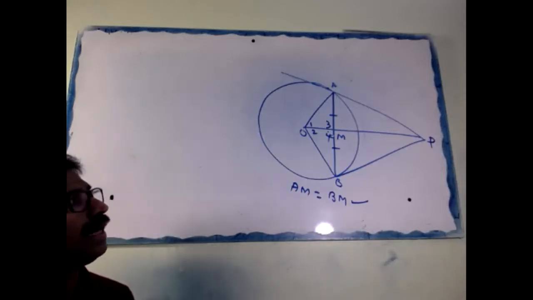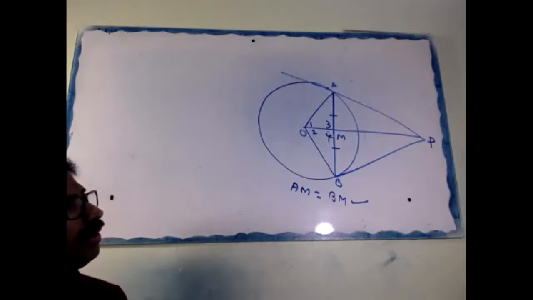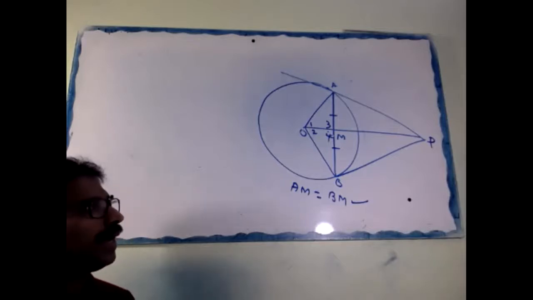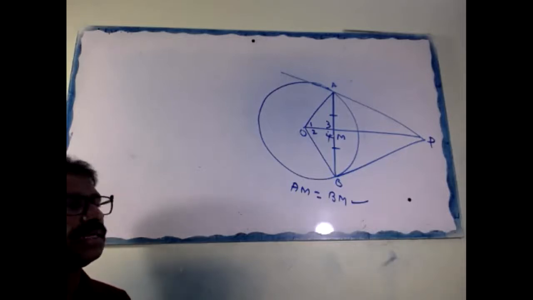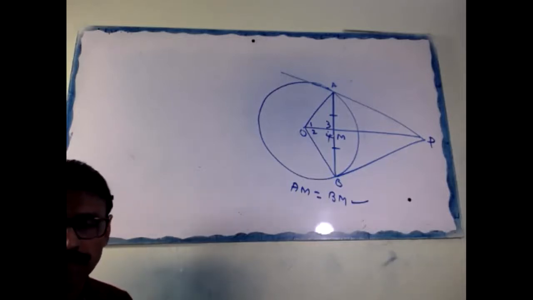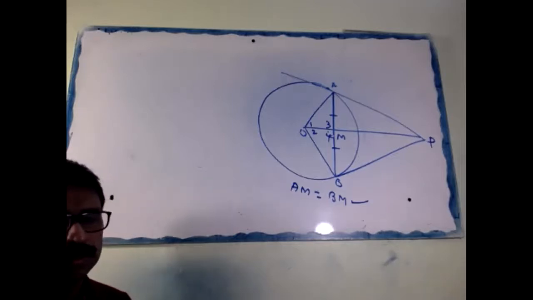Therefore triangle OMA is congruent to triangle OMB, SAS congruency. Hence AM equals MB, number 1, CPCT. Angle 3 equals angle 4. You mark it in your figure, 3 and 4. Angle 3 equals angle 4, number 2, CPCT.